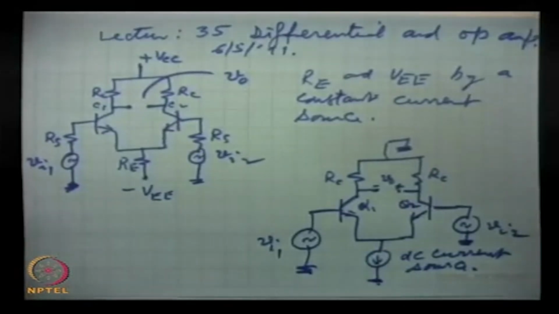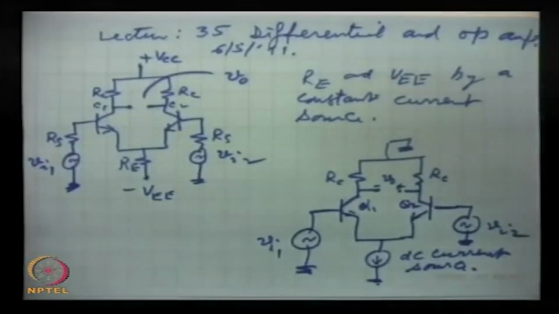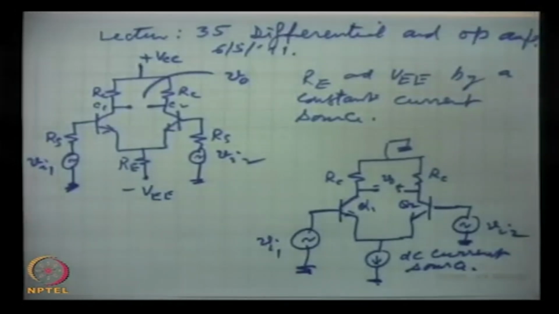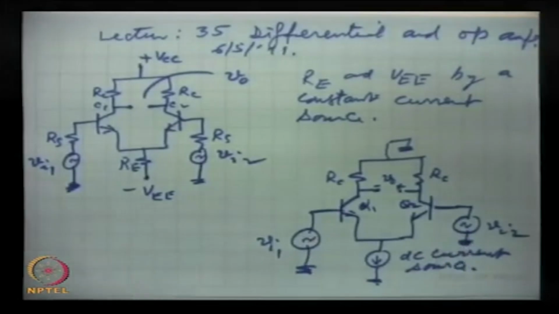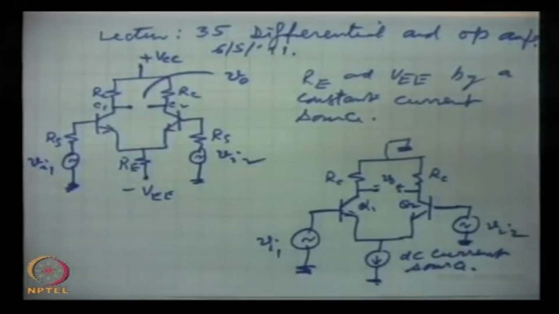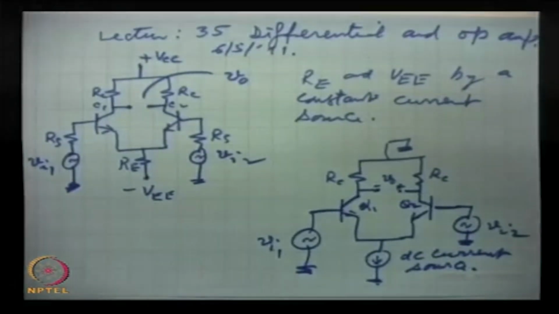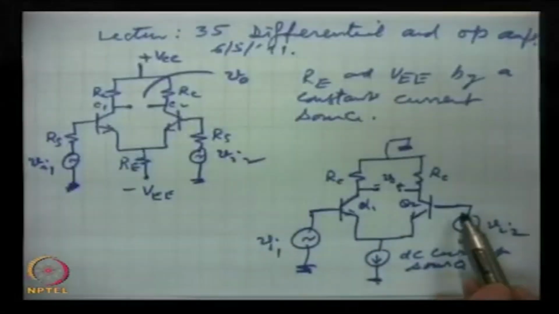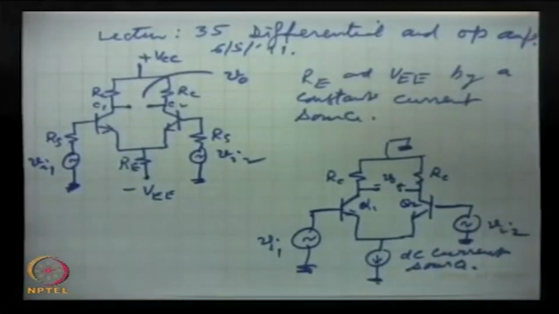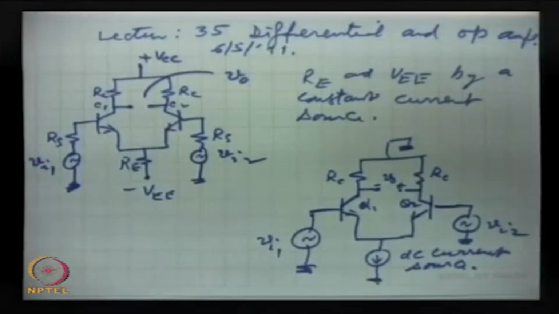From this analysis one very important point will come out: these two inputs of the differential amplifier are different in one way, and that distinguishes them. One will be a non-inverting input, the other an inverting input, and they are always called like that.